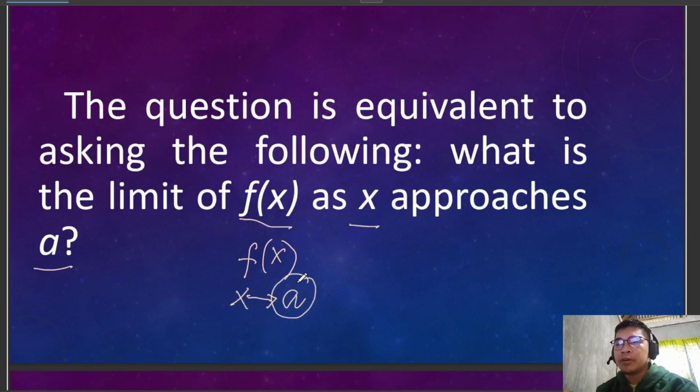A can be any value, negative or positive. So what is the limit of our f of x when our x gets closer to the given value of a? So that is the limit of the function.